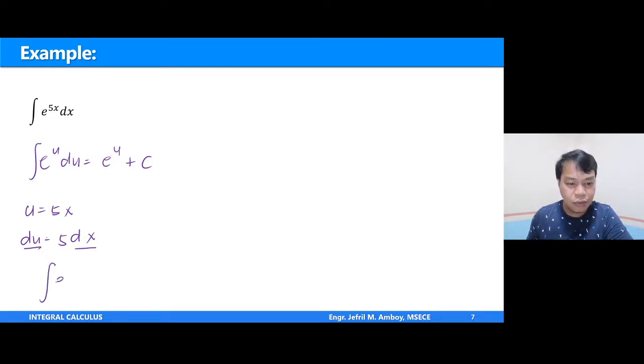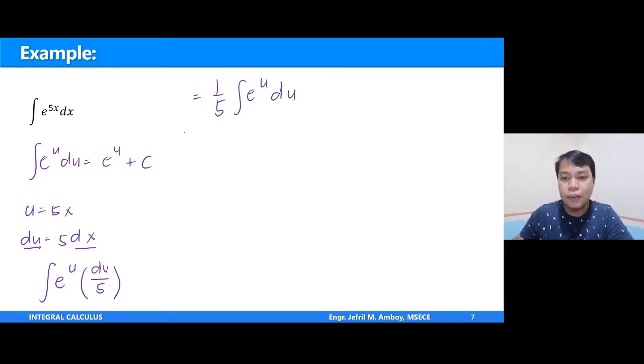Okay? So integral of e to the u multiplied by du over 5. Now, na pwede nating isulat as 1/5 multiplied by the integral of e to the u du. Okay? So pag in-integrate natin yan, 1/5 e to the, yung u natin is 5x, and then lagyan mo lang ng plus c.